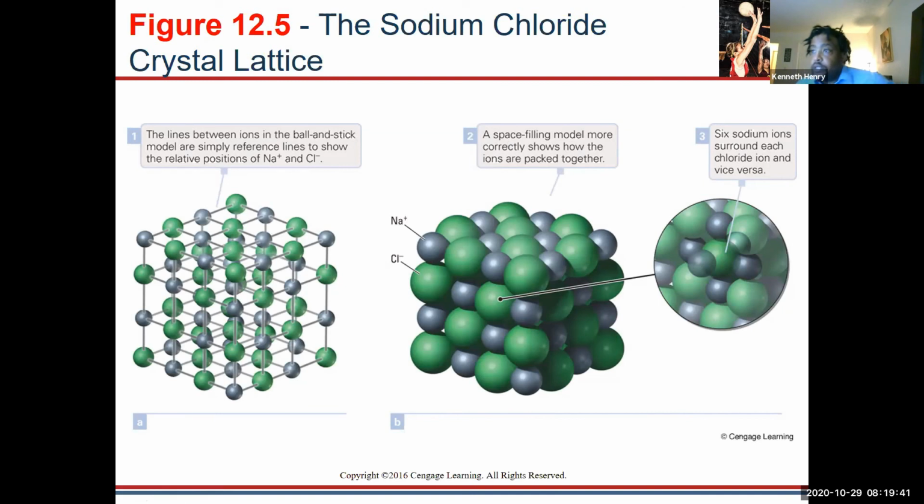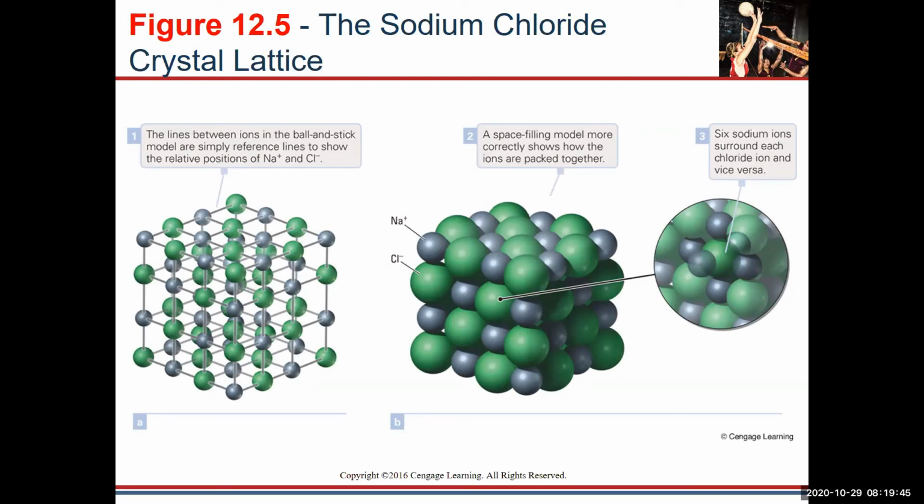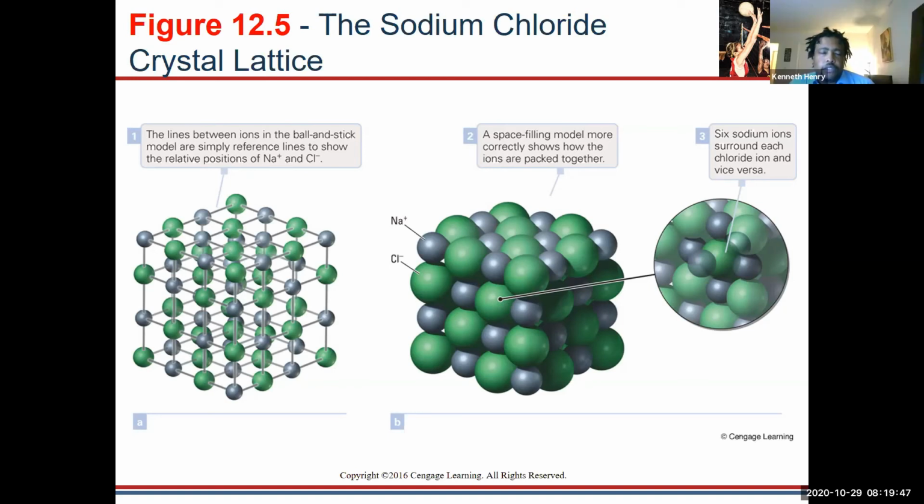Okay, so the black balls are sodium, the green balls are chlorine. So the black balls are the sodium ion, the green balls are the chloride ion. Sodium is completely positive, right? So that means that sodium sits there, and then a chlorine will come on one side, the other side, on top and on bottom, just like this.